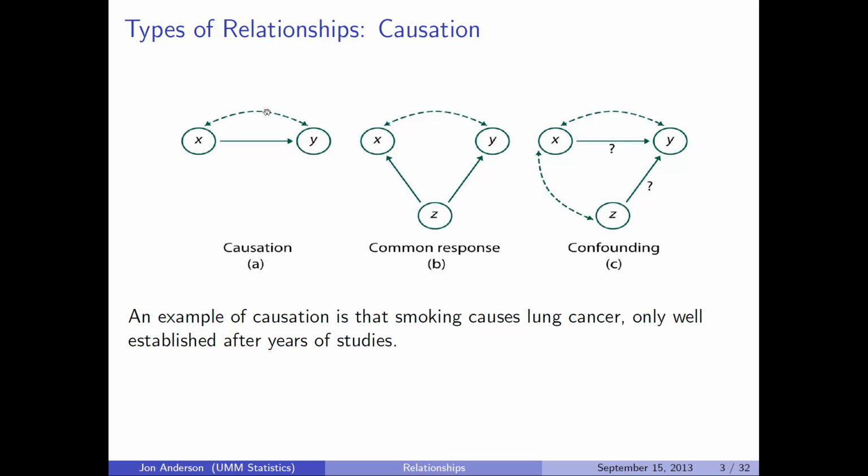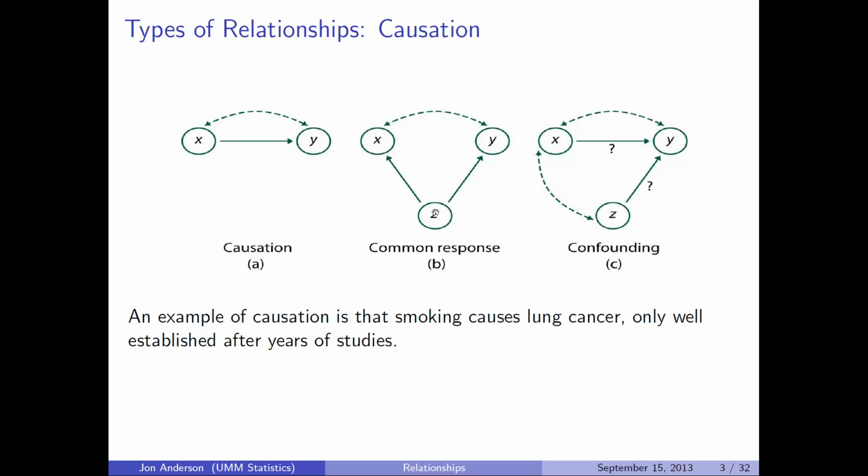The double-ended arrows with a dashed line just signify that there is an association or a relationship. And so if X causes changes in Y, then you will see a correlation or an association between X and Y. So one example of causation is smoking X causes lung cancer Y.